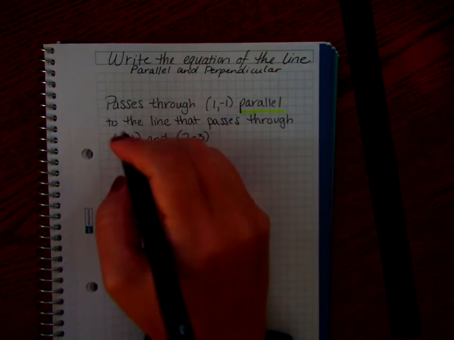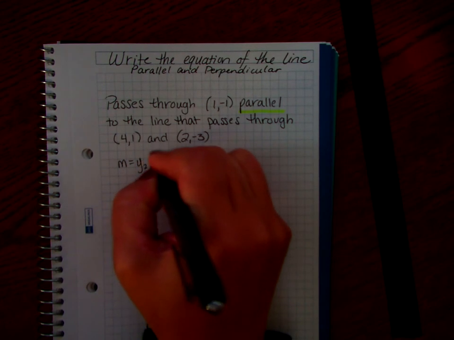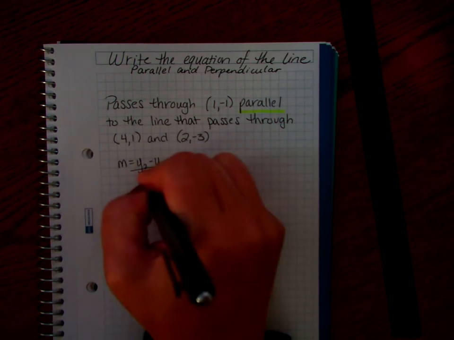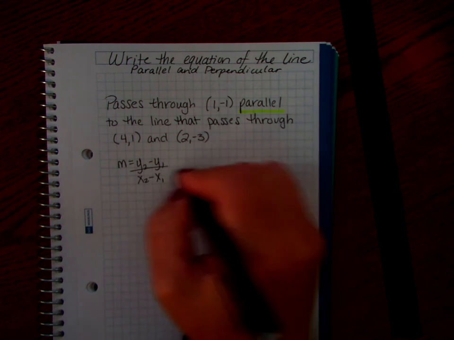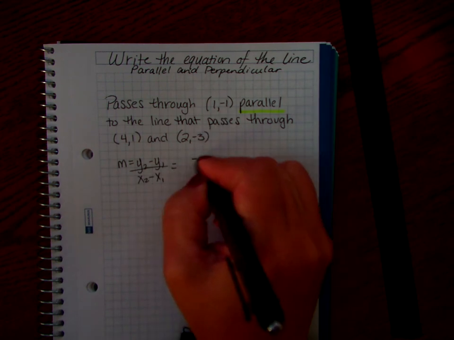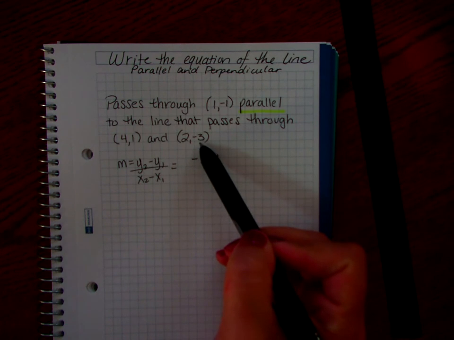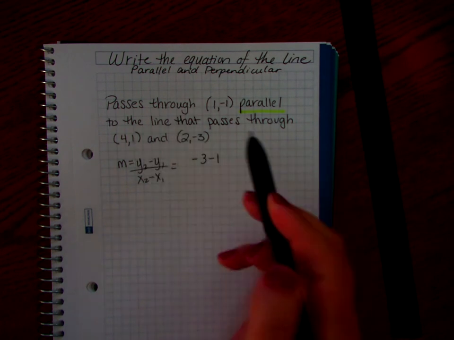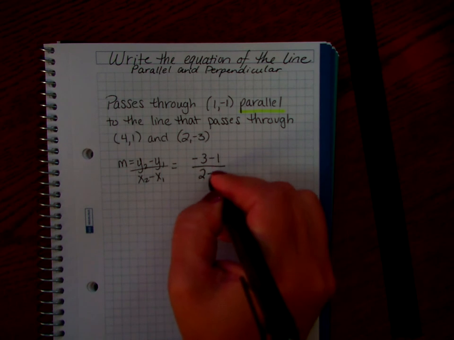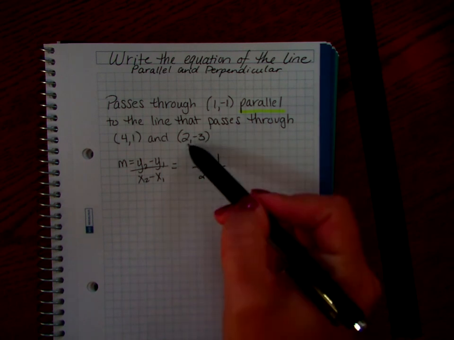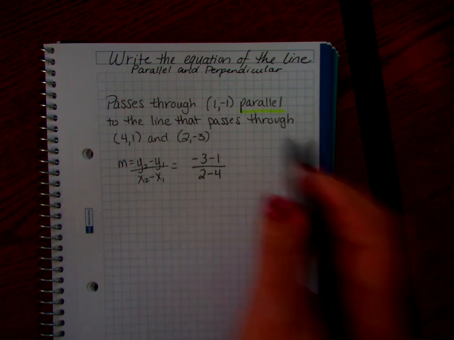So what you're going to do is find your slope using the slope formula and these 2 points, okay? So I'm going to have -3 minus 1, so y2, -3, minus y1, which is 1, over 2 minus 4. x2 is 2, minus x1, which is 4.